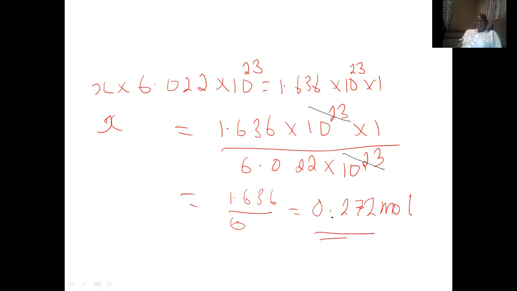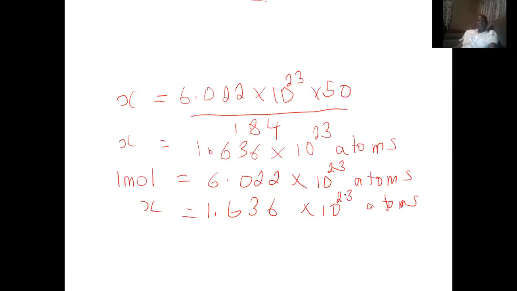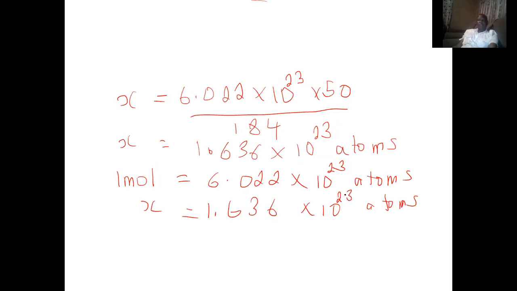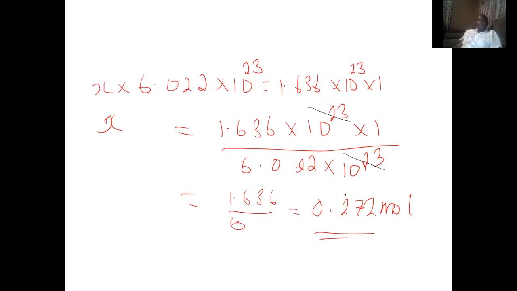So in 50 grams of tungsten, we have 0.272 moles.